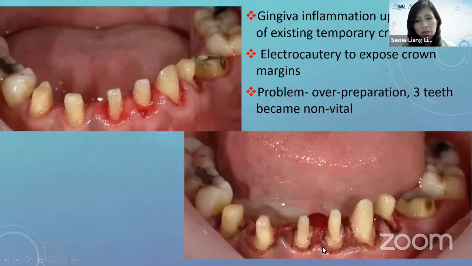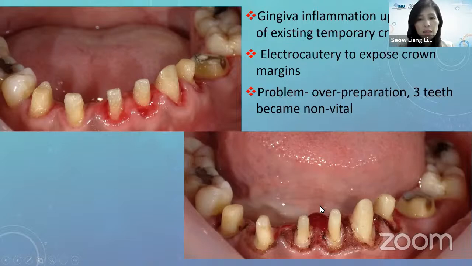This is immediately in the same visit after removal of the provisional and electrocautery. You can see that the crown is quite over-prepped. Lower anterior teeth are also fiddly, so thin, and you over-prep. In the end, the two anterior incisors actually became non-vital, unfortunately.